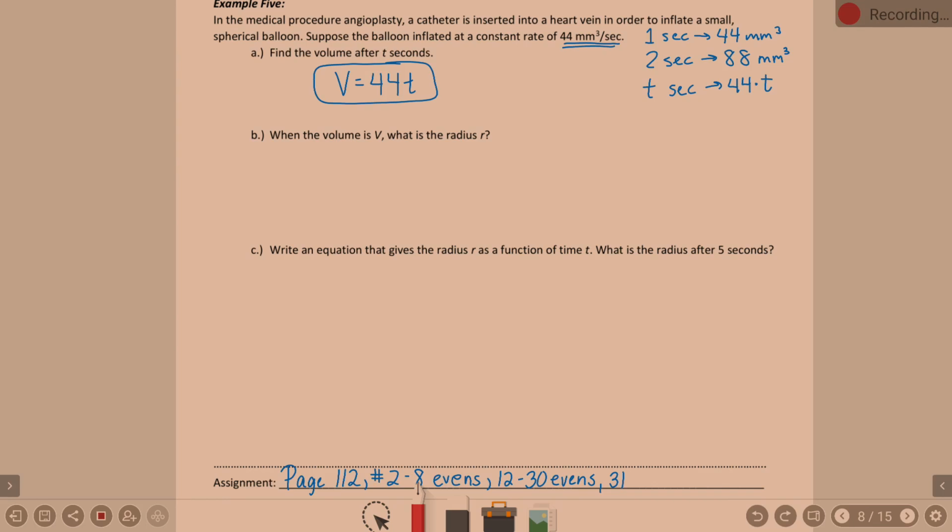Now, volume. What shape are we talking here? Okay. A spherical balloon, so a sphere. Do we know the volume of a sphere?